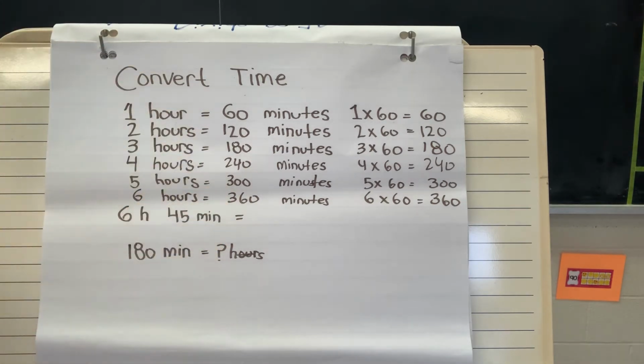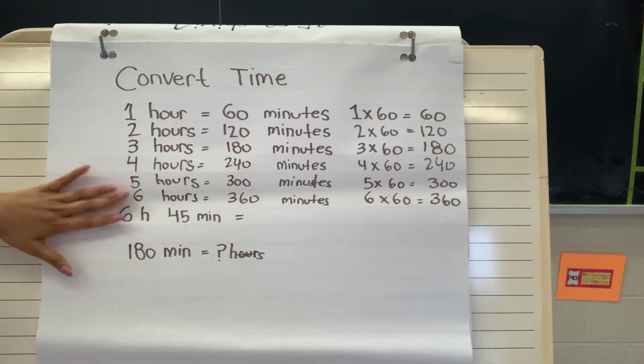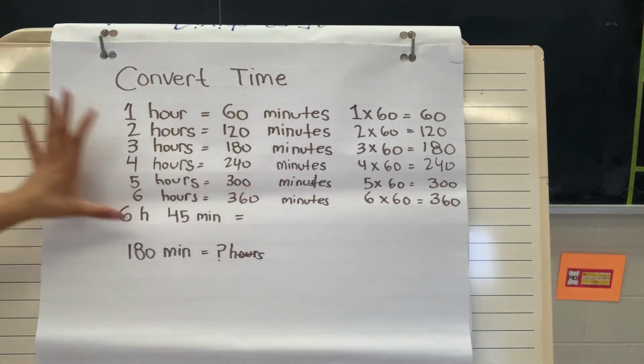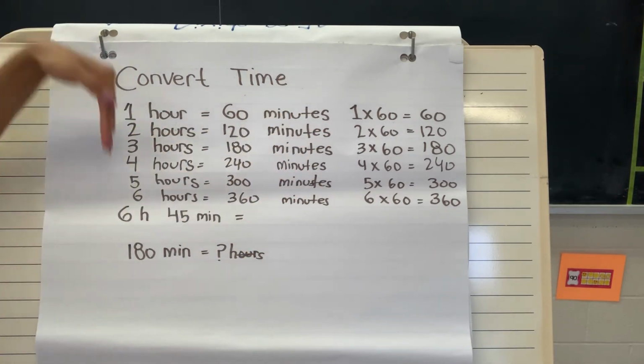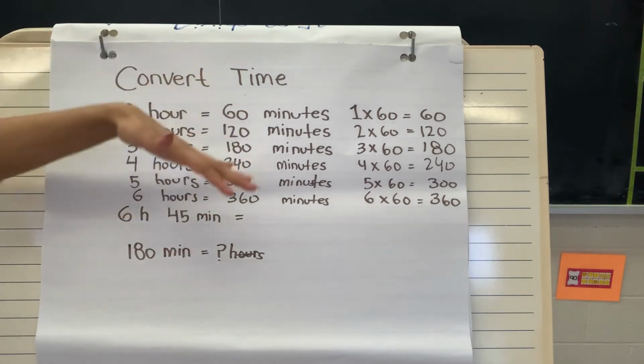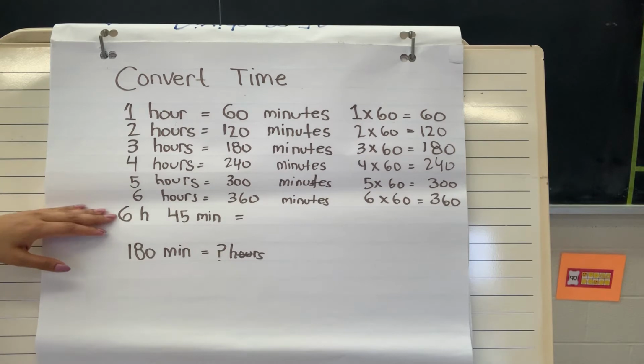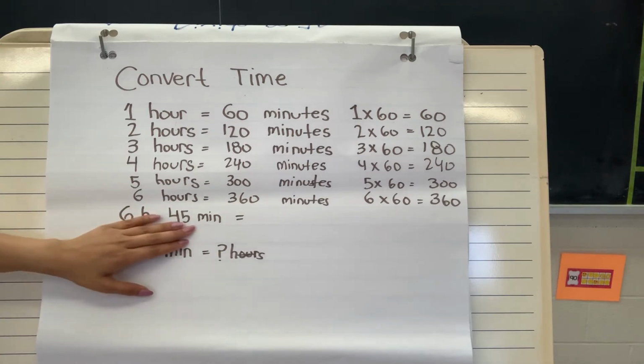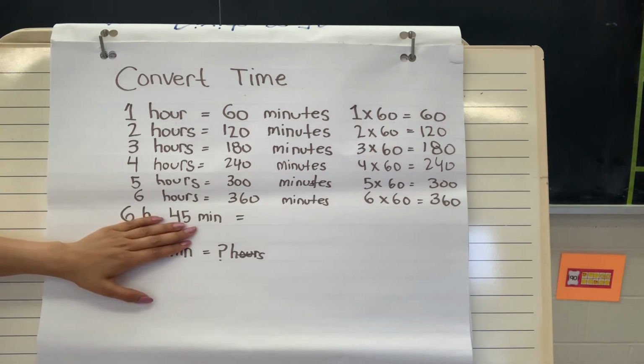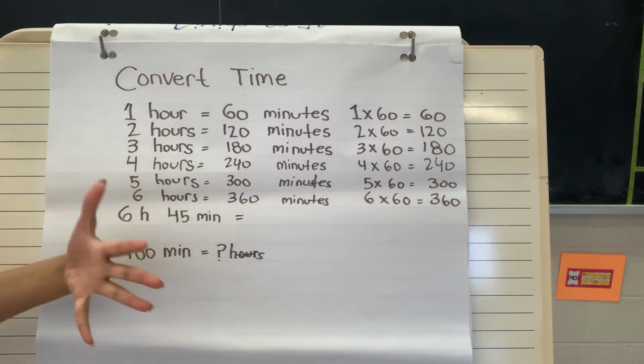Does that make sense? So let's do one example so that we actually can see how this whole converting from hours and minutes to minutes works. Let's say we have 6 hours and 45 minutes. Now we need to find out how many minutes is that altogether.